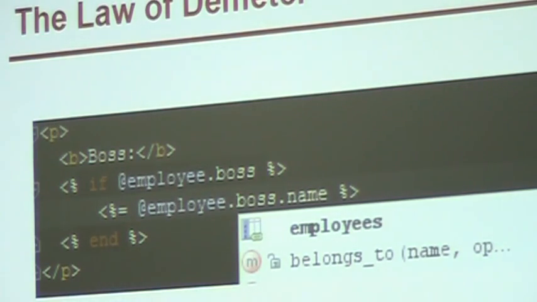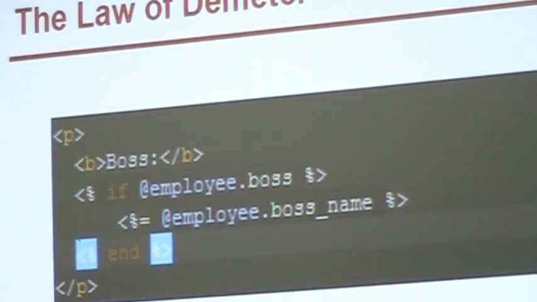And I found a cute little way of making it this way instead, where I am actually invoking the method on the employee object. So in fact, what I'm doing is I'm delegating the call to boss through employee.